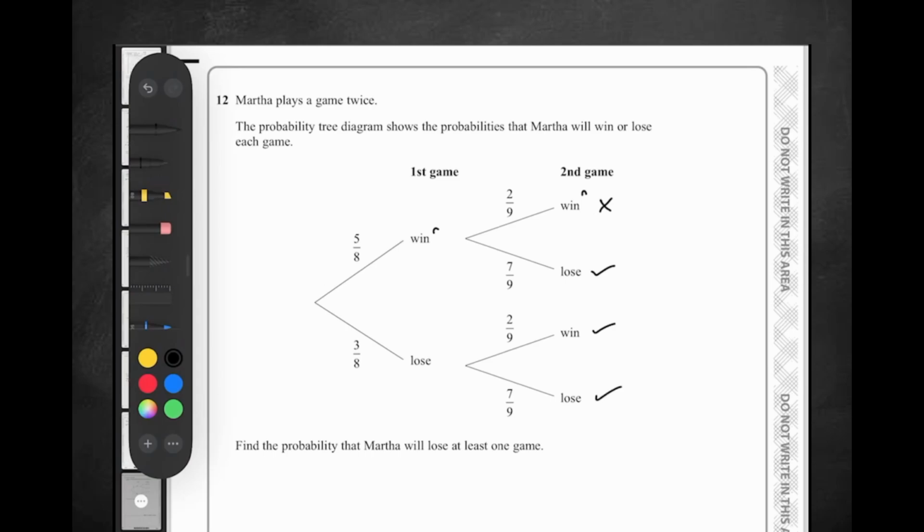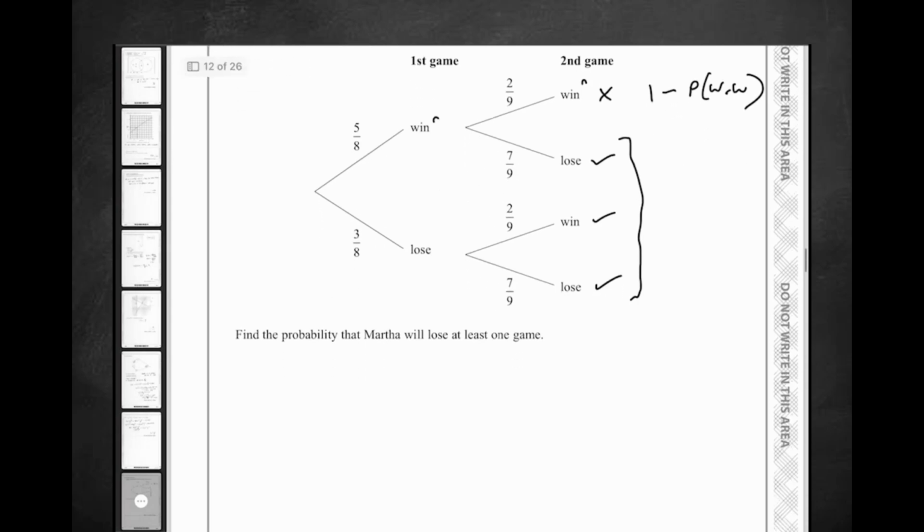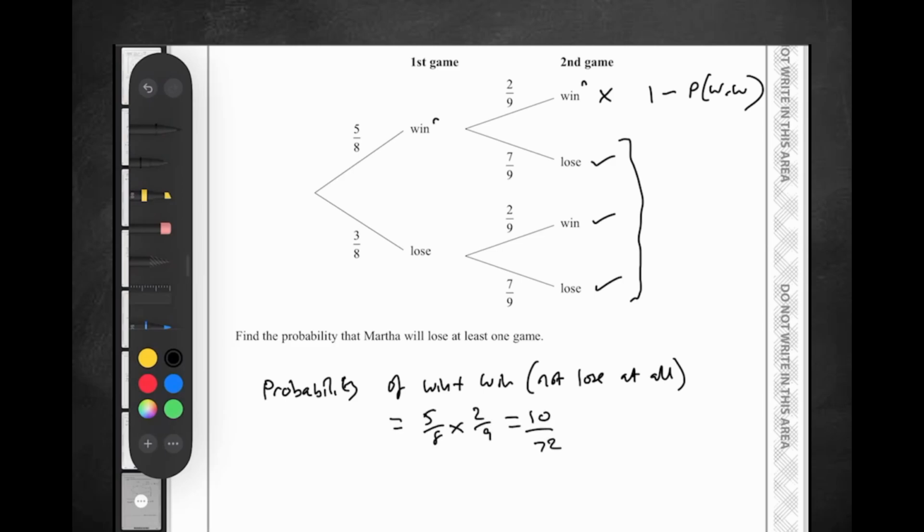However, this is telling me that we can either do all three of these probabilities, or we can do 1 minus the probability of win and then win, which I think is a little bit quicker than going through the other ones, since we only have one negative scenario that could happen here. So if I write this out fully for the examiner, probability of win and win, not lose at all, equals 5 over 8 times 2 over 9, which equals 10 over 72.